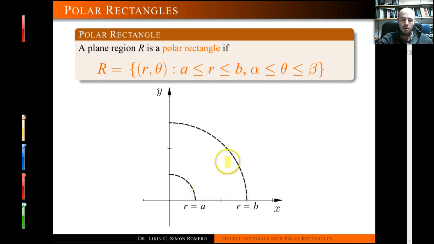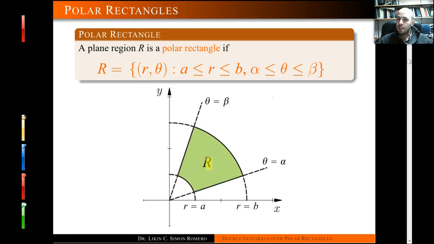So if you take all the points that have r between a and b, you will consider all the points that are in between these two circles right here. And then when you restrict your angle theta to be between alpha and beta, those are all the points between those two lines that pass through the origin. So at the end, this is a polar rectangle.